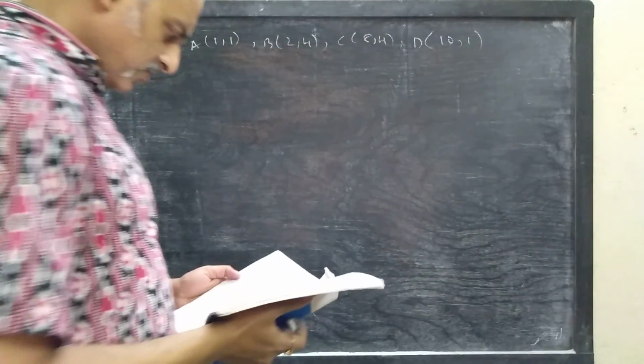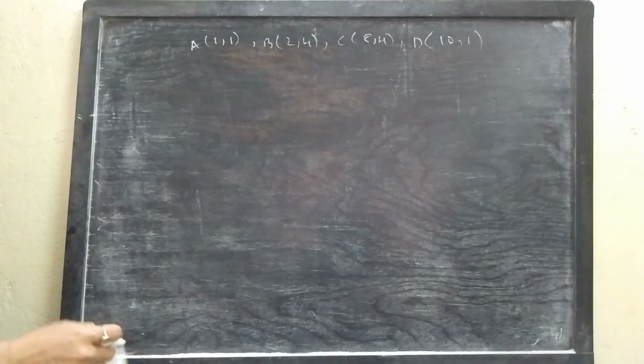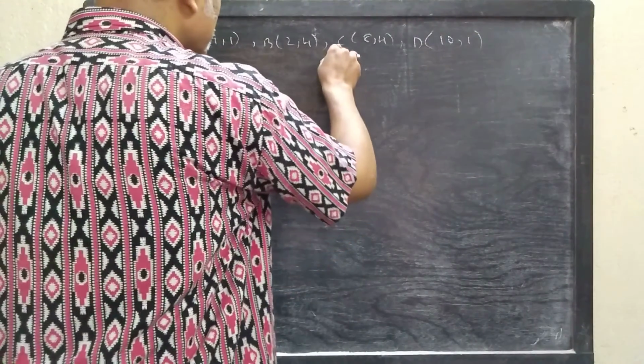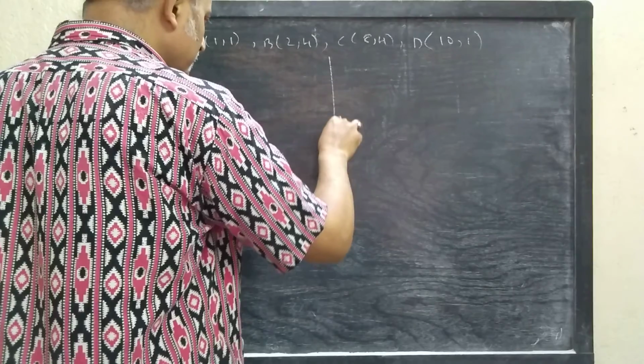You have to draw this quadrilateral and name it. So first draw the coordinate axes.